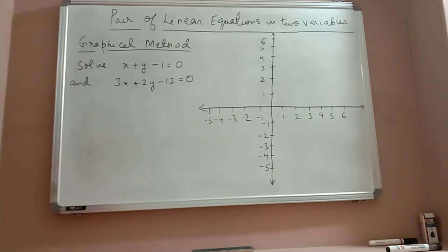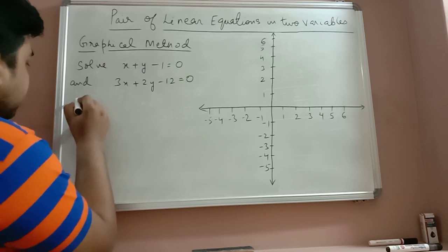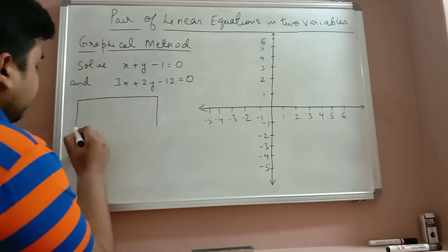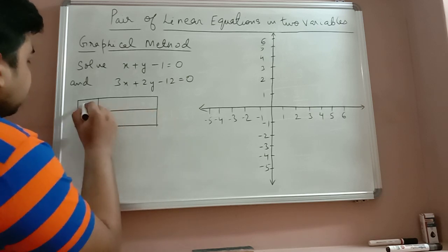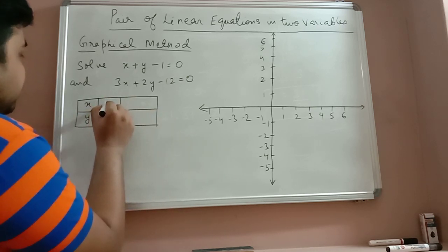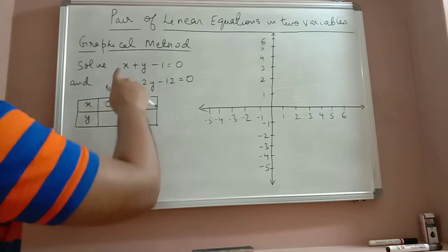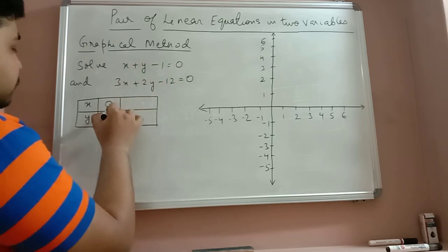First and foremost, we need to draw the table for both the equations in order to get at least 2 points. So for the first equation I am drawing the table. Now it's very simple. Let's put x = 0. When we put x = 0 in the first equation, we get y = 1.